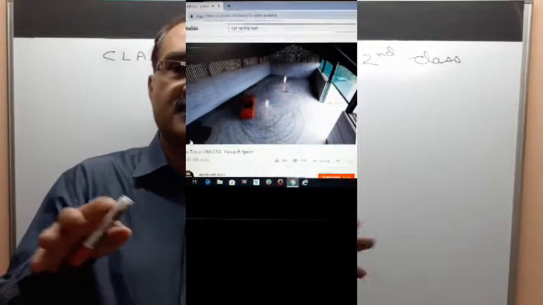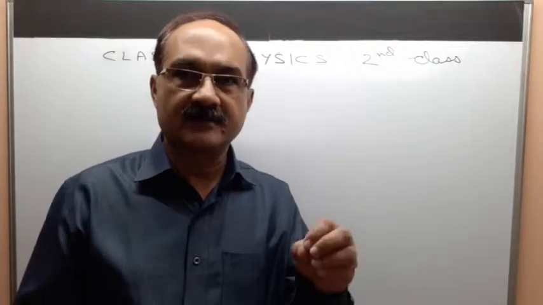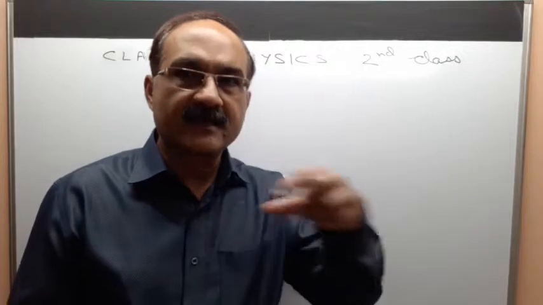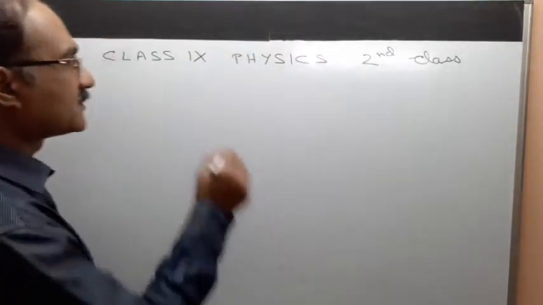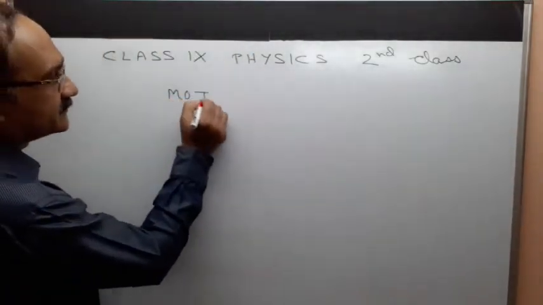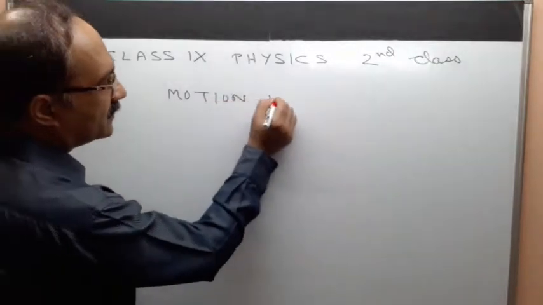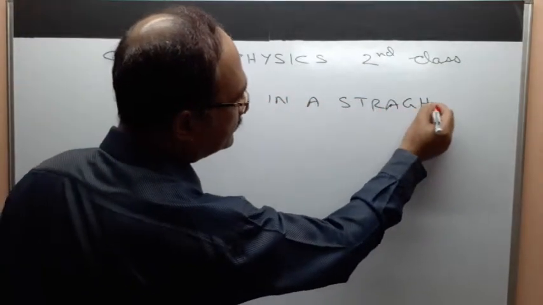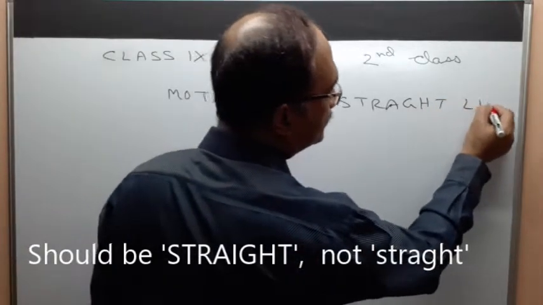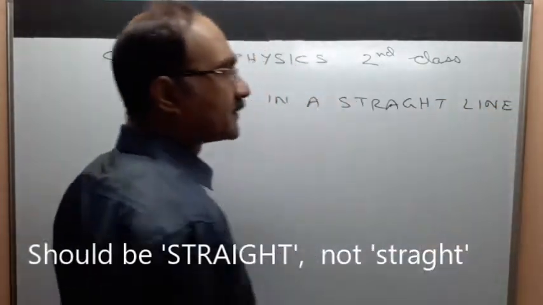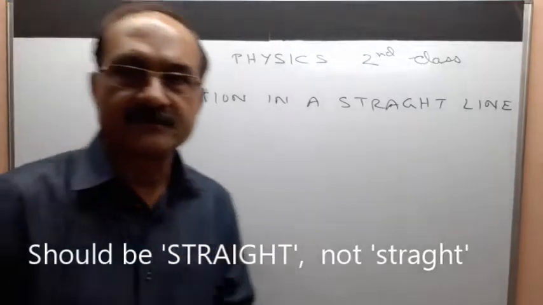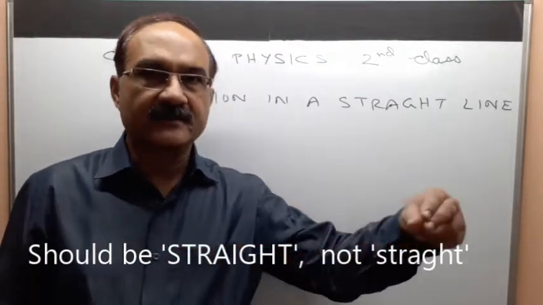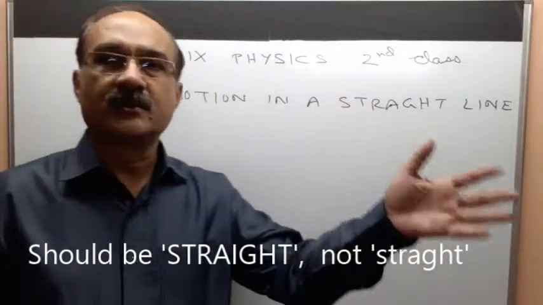Out of all these different motions, right now we'll be talking about only the straight line motion. So that is called motion in a straight line. Very simple. When a body moves in a straight line, it's called straight line motion.